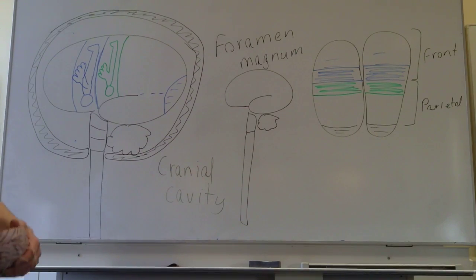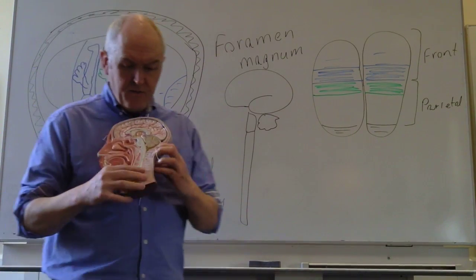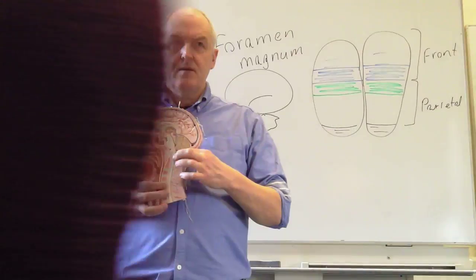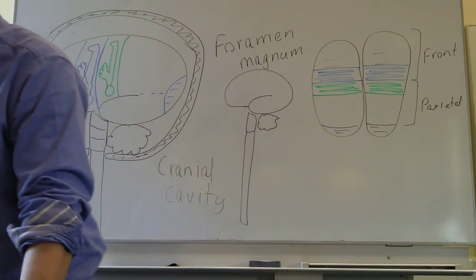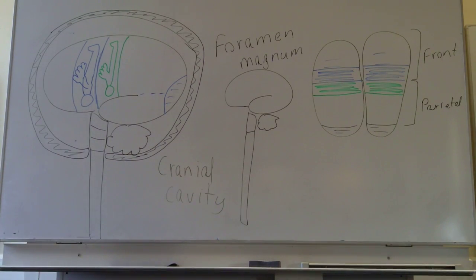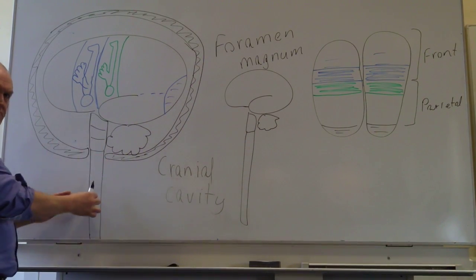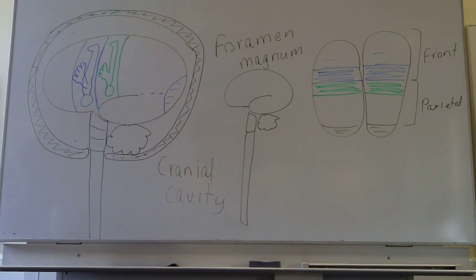But as we see, in life, what's in the big window? It's the spinal cord, isn't it? So in life, this hole is actually filled up with the spinal cord and a few other bits and bobs that are going in and out of the foramen magnum. So in life, there's not actually a gap.